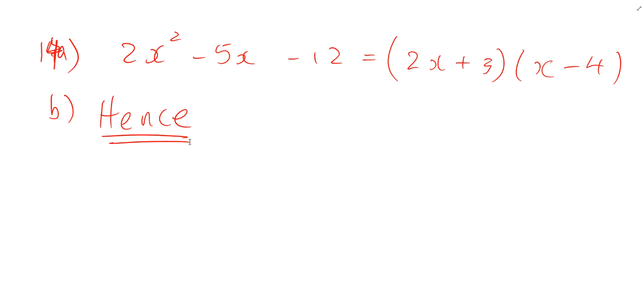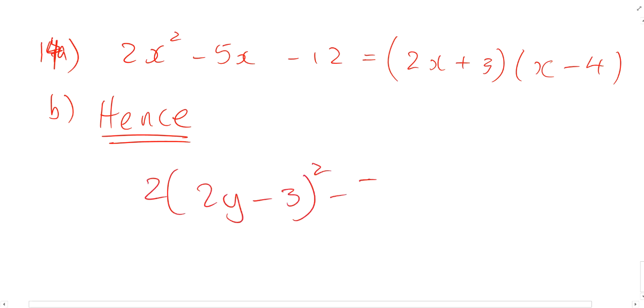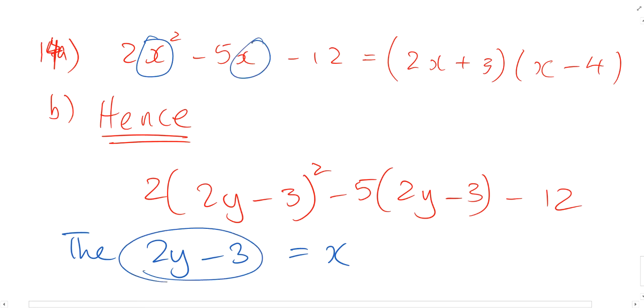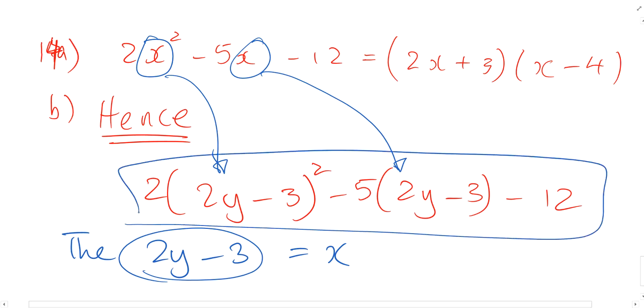So let us look at part B. 2(2y minus 3) squared minus 5(2y minus 3) minus 12. Trying to get you to realize this. If you were to substitute x, all these x, you change it to 2y minus 3. All the x change to 2y minus 3. Wouldn't you get this? So you will get this, right? In order to factorize part B, wouldn't the answer therefore be the same as part A?